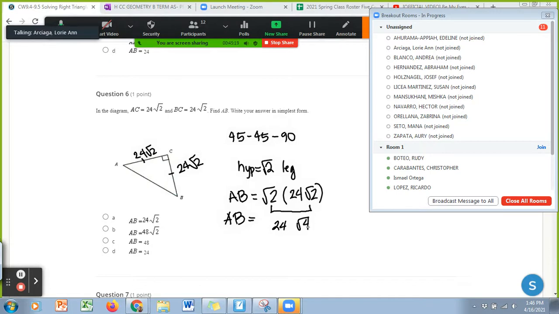But the radical of 4 is actually 2. So the shortcut is, if you see the same radical, and they go in pairs, just remove the radical sign. That's a shortcut. So 24 and this one will just become 2. So the final answer here will be 48. There you go.